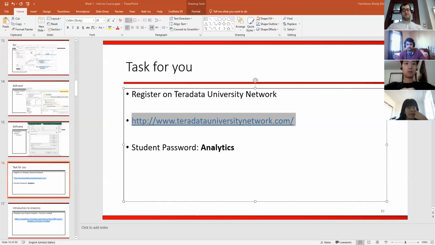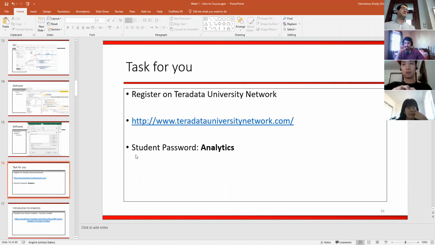And the password is analytics. You need to put in your email address, make a password, create an account, put in your address, and spend a good amount of time searching through the data on the website. So this is your first assignment for this week. You might even find your project topic or project data from their website.